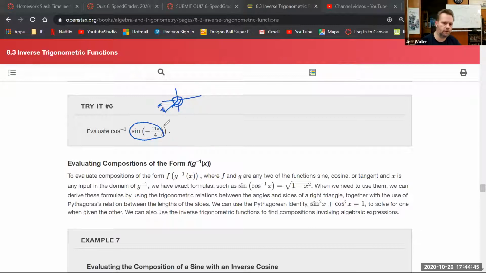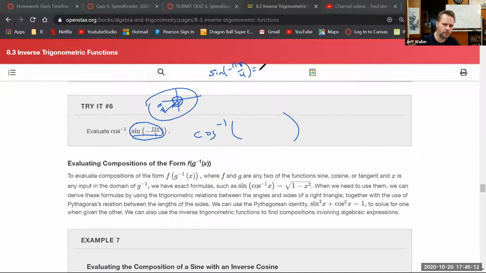So now what is this going to equal? I'm just going to focus on the inside here for a minute. So I'm going to put cosine inverse of, I don't know yet. Let me work on that. Sine of negative 11 pi over 4 equals, what can I do with this information now? It's in the third quadrant. So what does that tell me?